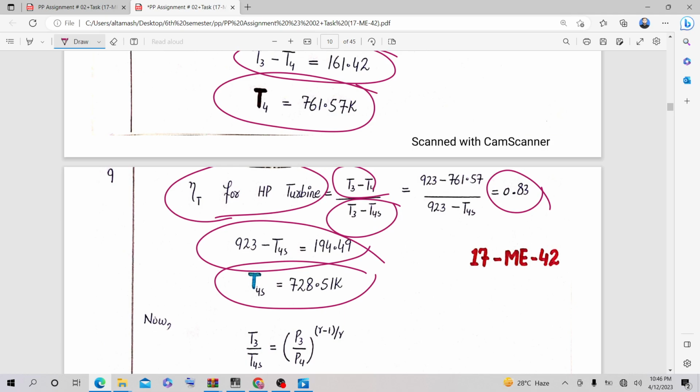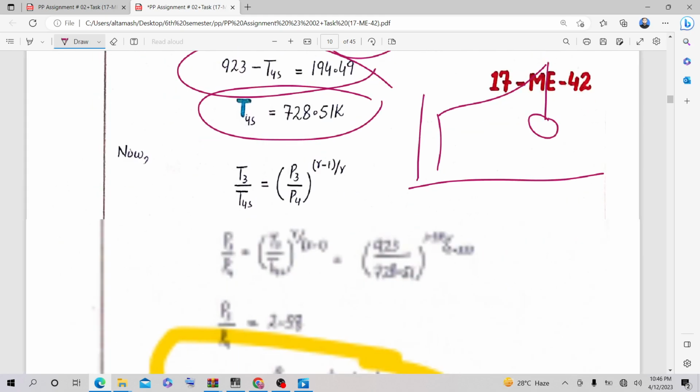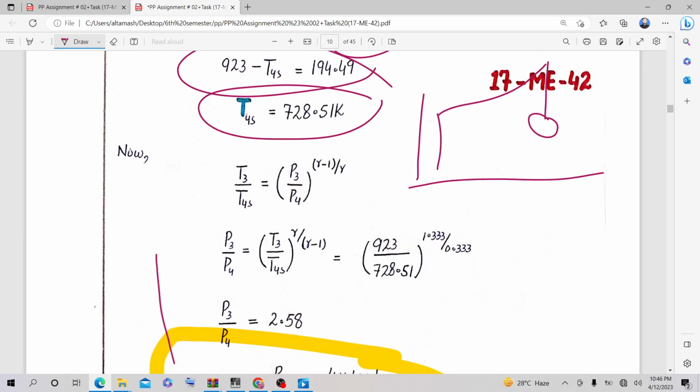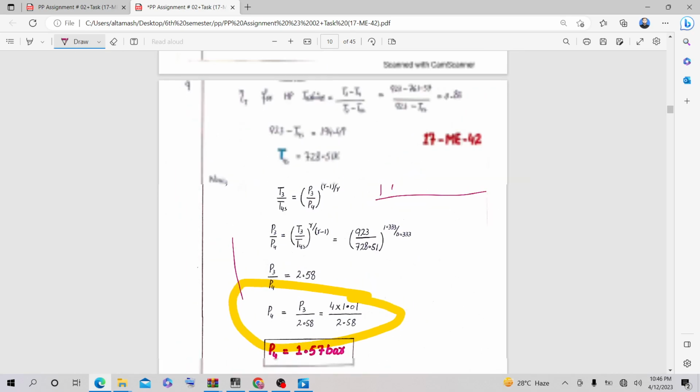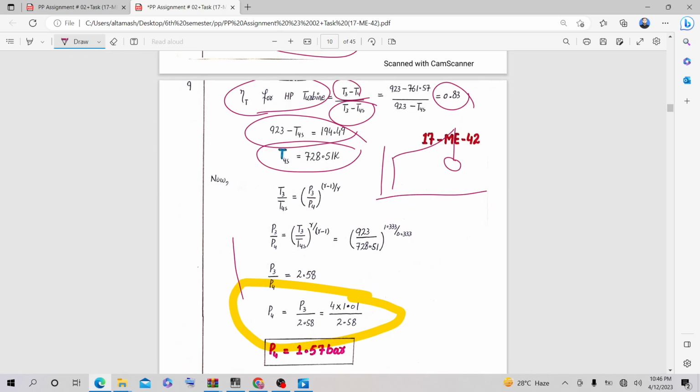Now we have reached this point. We know all the parameters of point 1 and point 2. We know the parameters of point 4, but we do not know the parameters of point 3, I mean the temperature 3.